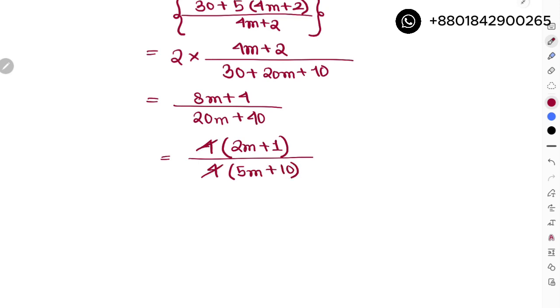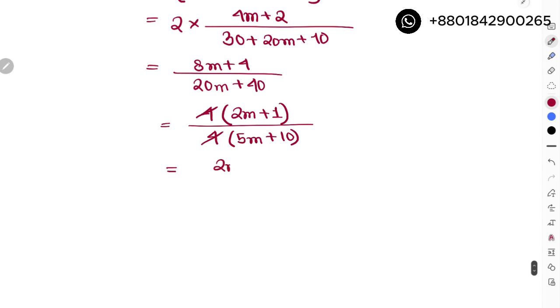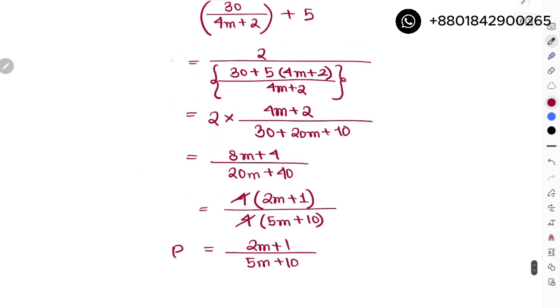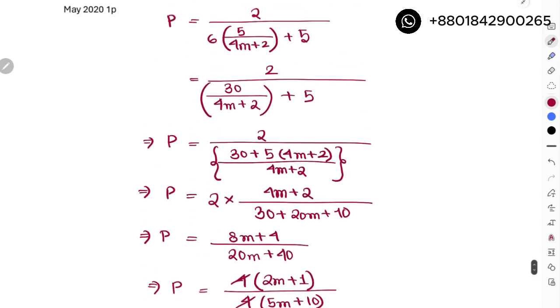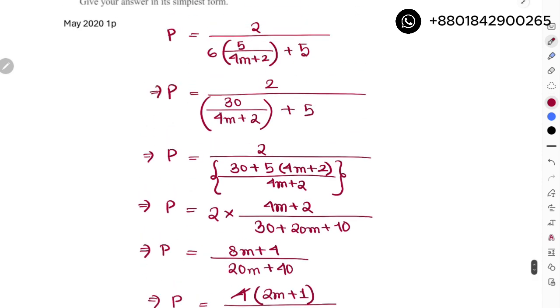So 4 and 4 cancel out, leaving you with 2m plus 1 over 5m plus 10. I cannot break this into anything simpler, so this is my final answer for P. Right, so this is the case. Over here, this was actually a changing subject case where I have to input that equation for n into the value for P to find out the value for P in terms of m. Okay, so this is it.